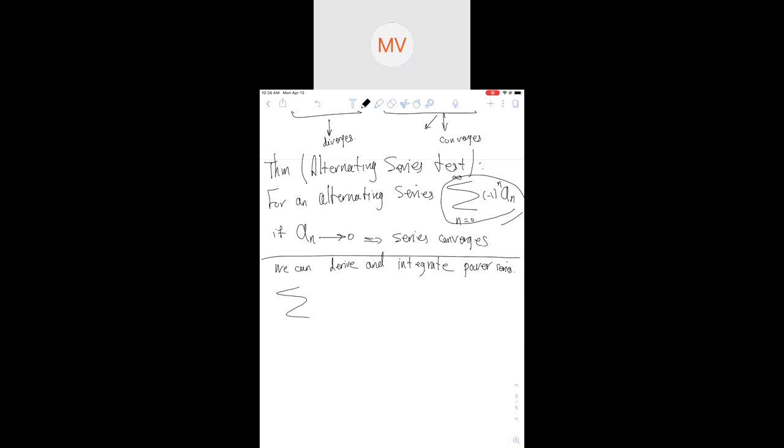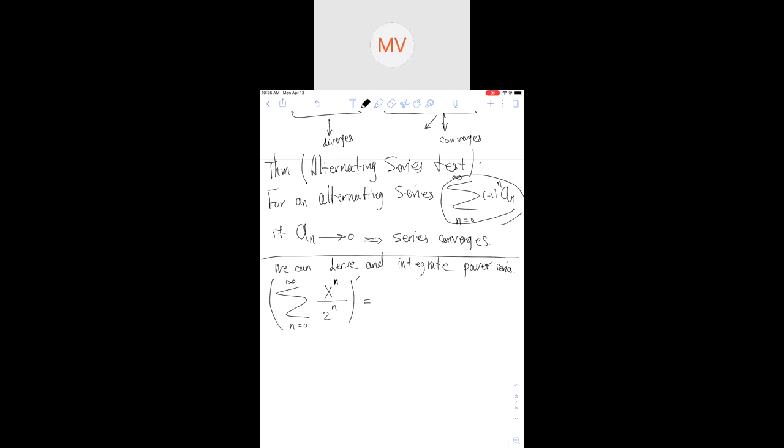For example, the sum of x to the n over 2 to the n, from 0 to infinity. You can take the derivative of this. So I'm just explaining by an example. How?